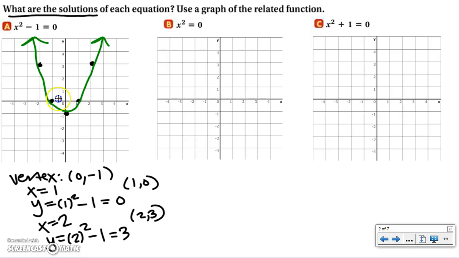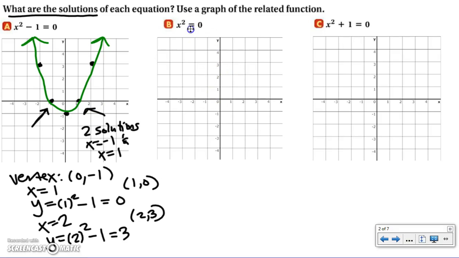So my graph crossed it twice. That means I have 2 solutions. My graph crossed here, where x was -1, and then once again right here, where x was 1. So this graph has 2 solutions, x equals -1 and x equals 1, also called the zeros or the roots.